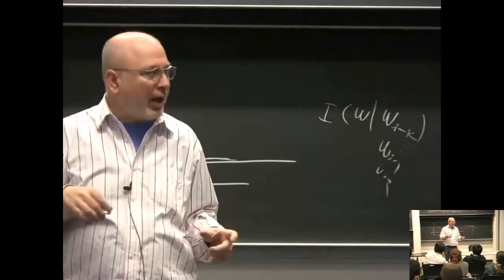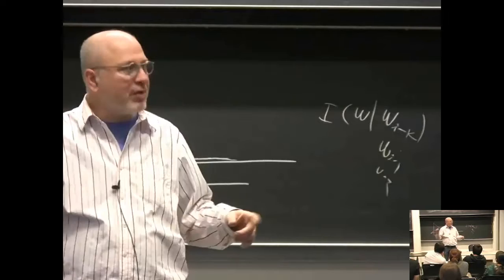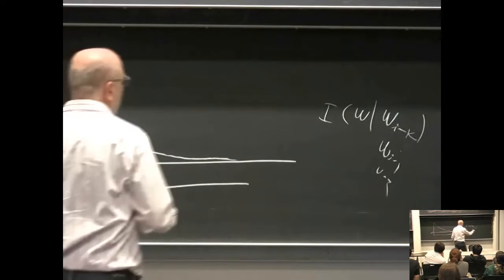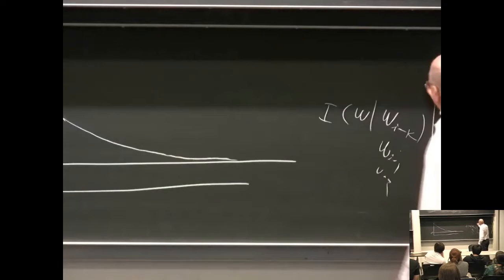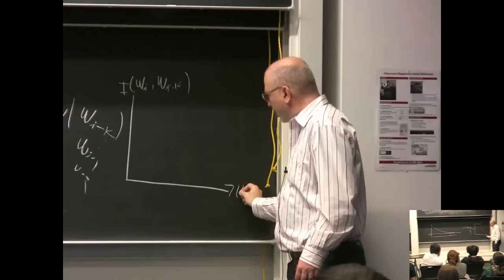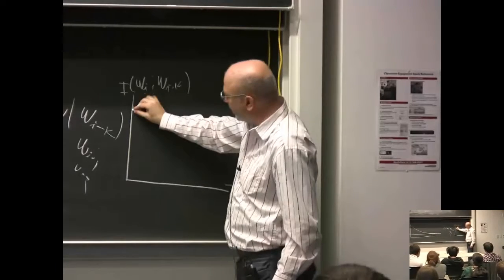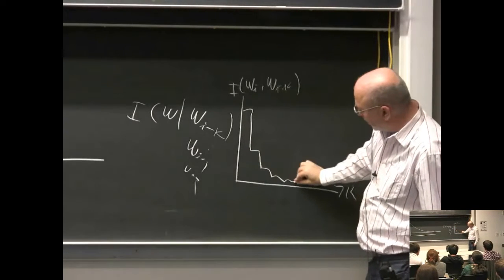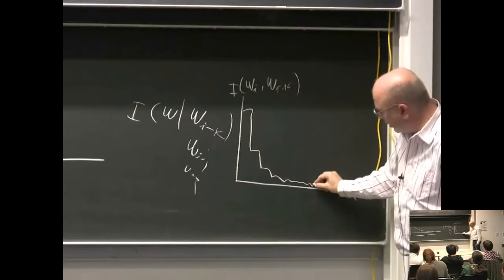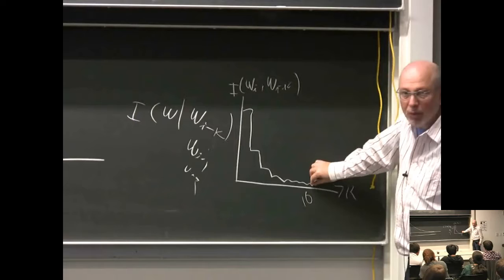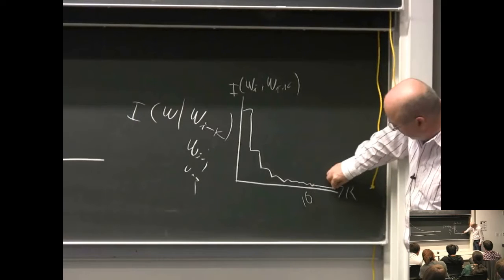If you do that, the mutual information drops very fast, and it's always decreasing. If you look at the mutual information between the current word wi and wi minus k as a function of k, it is very high in the beginning and then drops quite a bit, and then drops more, and then after about 10 words, it's not 0, but it's pretty uniform.